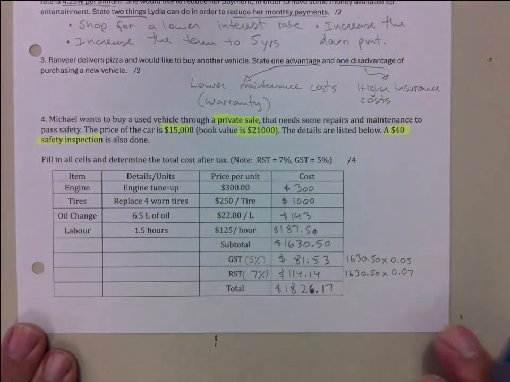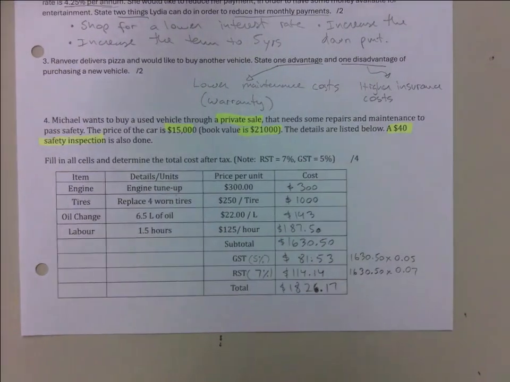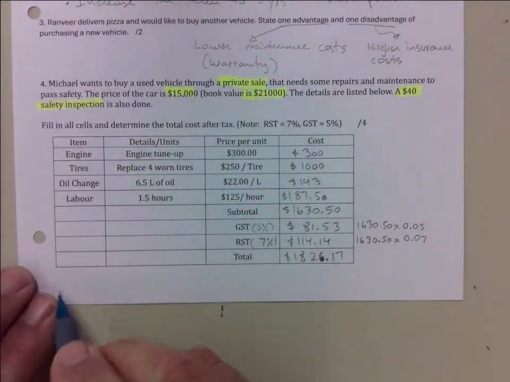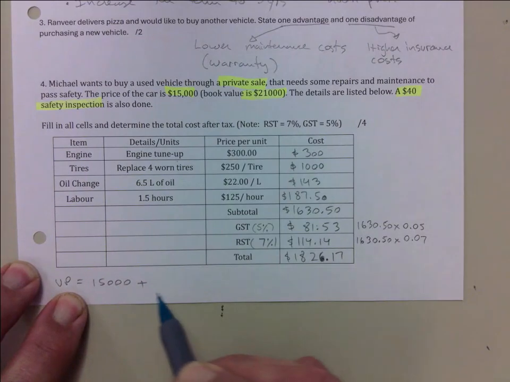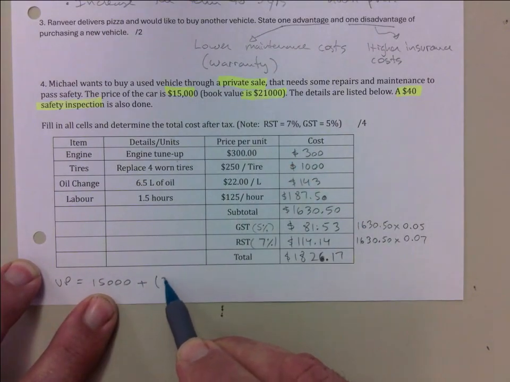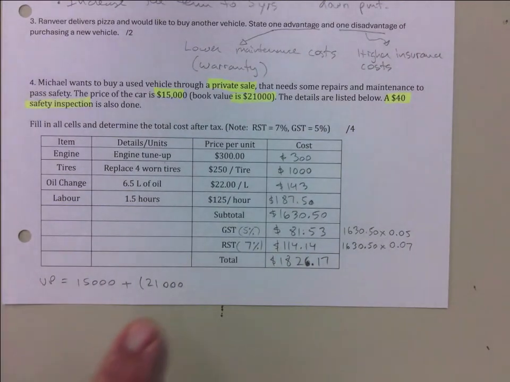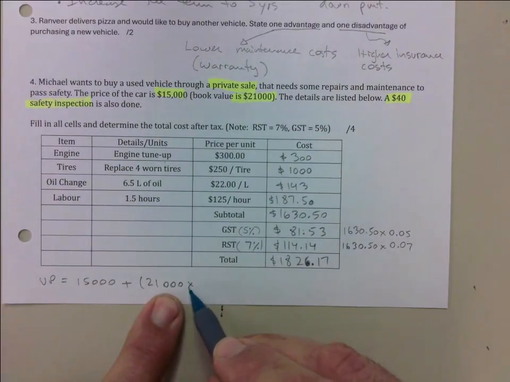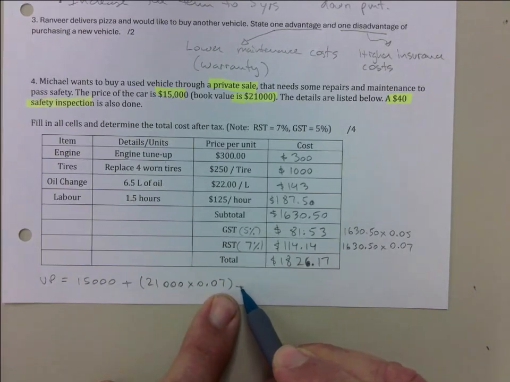And if you're wondering, Mr. Erickson, I did this part, what's going on with that? Well, I'm just going to do it so you can check. So because it's a private sale, I take the $15,000 for the car. The book value is higher. Some of you missed that on the quiz. Some of you thought it has to always be the book value no matter what, and that's not true. So you tax that 7% because it's higher.